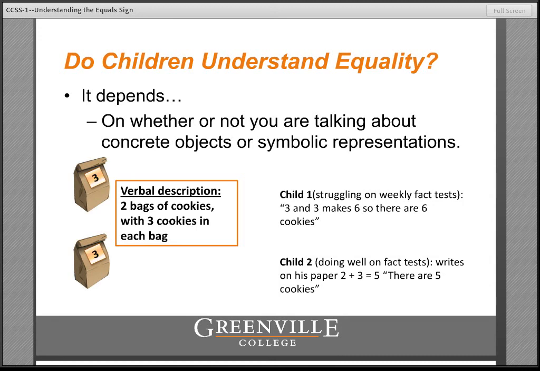He immediately asked for a piece of paper and wrote 2 plus 3 equals 5 on his paper. Although he was doing fine by the standards of the practice sheets, he clearly was not understanding. Thrusting children into symbolic equations as a primary learning mode at the very beginning of first grade was a disservice to both of these boys, regardless of the grades that they were getting or their perceived success or lack of it on those practice sheets.